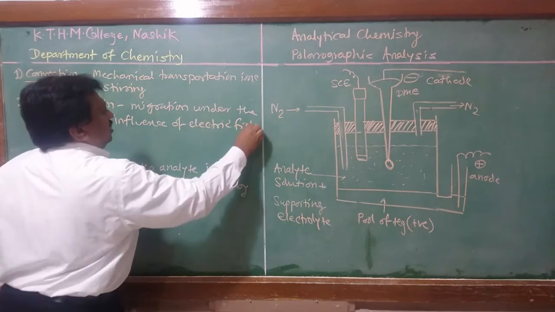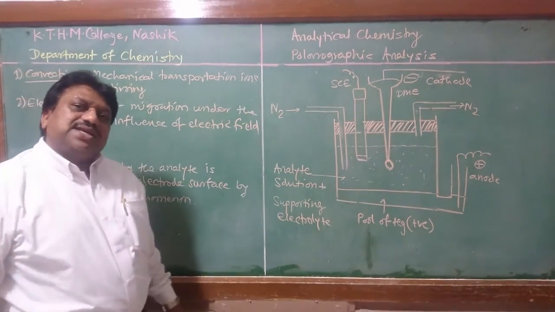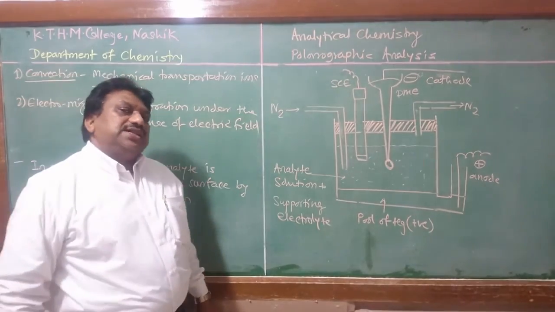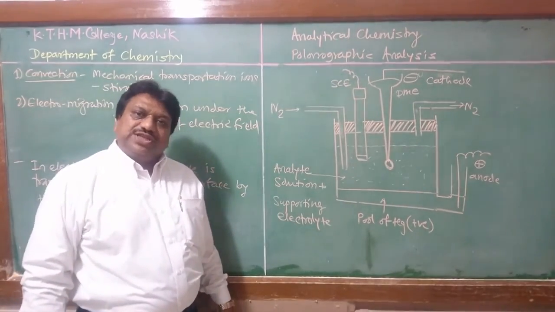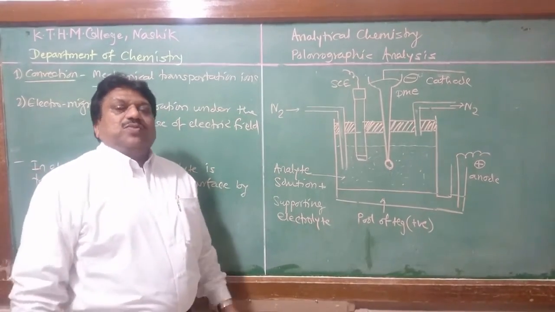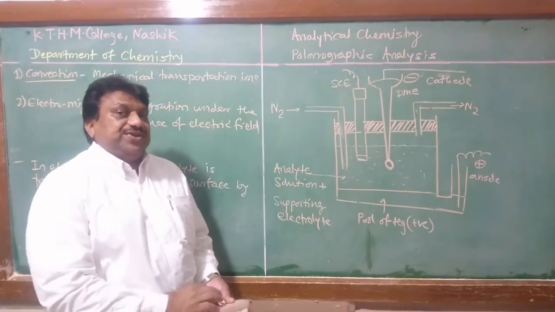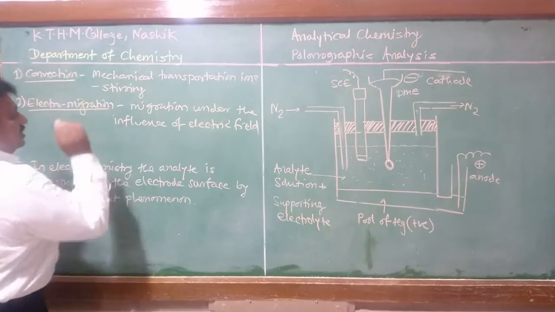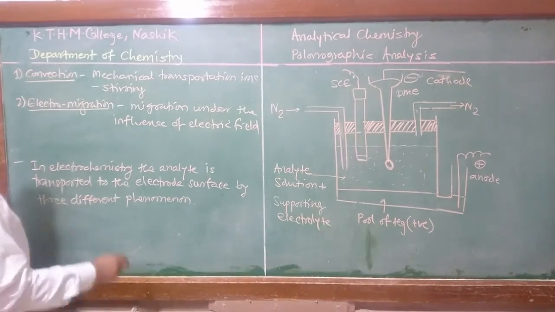Here positively charged ions are attracted towards the negatively charged electrode, and negatively charged ions are attracted to the positively charged electrode because of the electrostatic force of attraction, and that migration is termed electromigration.